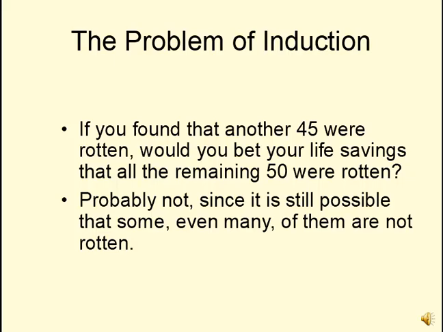Yeah. Would you bet, let's say, the life of your firstborn child, yeah, on whether or not the remaining 50 were rotten? I would not, because it is still possible that some, even many at the bottom of that barrel, are not rotten, right? So we've got 50 observations that tell us that the mangoes in this barrel are rotten, but we've got at least 50 more possible observations.